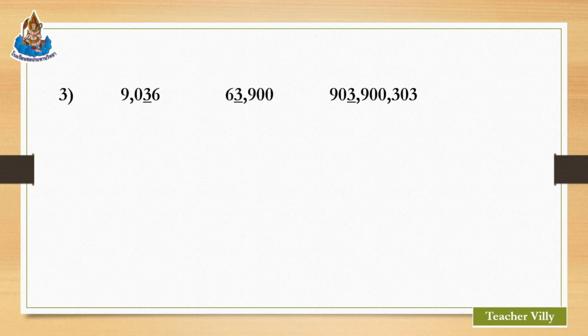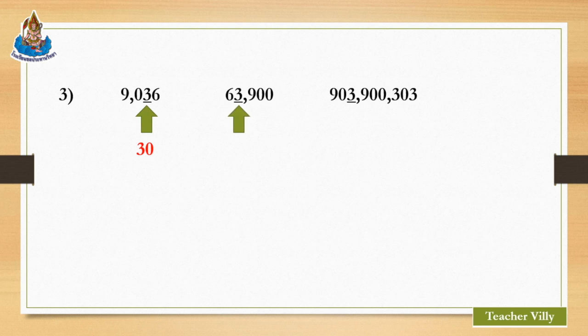Alright, so let's take the first number, 9,036, wherein we have the digit 3 as the underlined digit. What is the value of digit 3? Correct. It's 30.